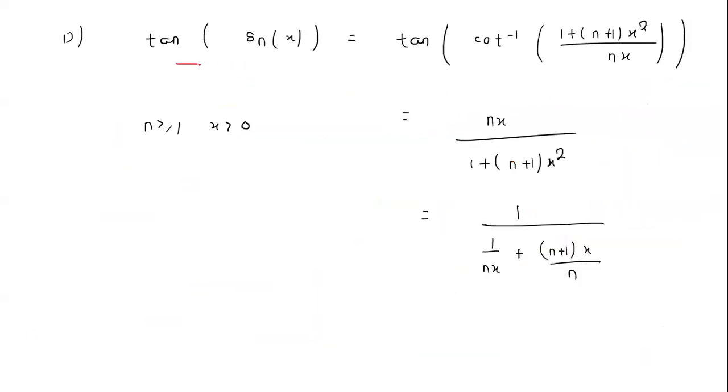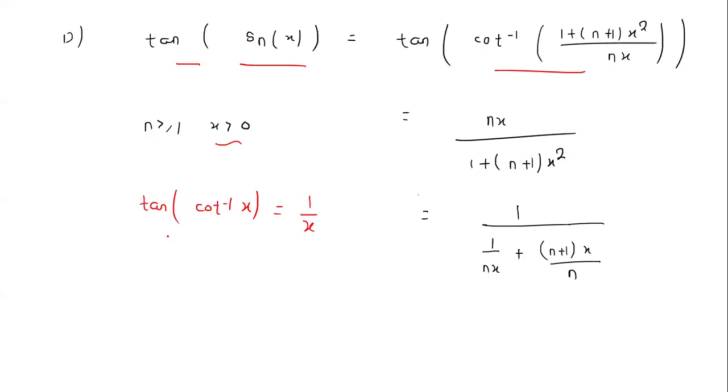So tan of Snx, we have cot inverse of this thing. So we have tan of cot inverse of this thing, and for all x greater than 0, we know that the tan of cot inverse of x is the same as 1 by x. So we can write this.